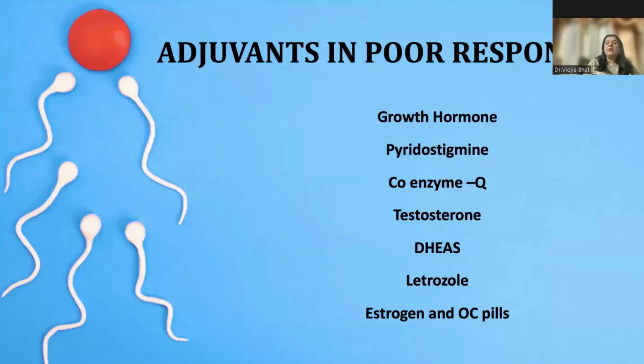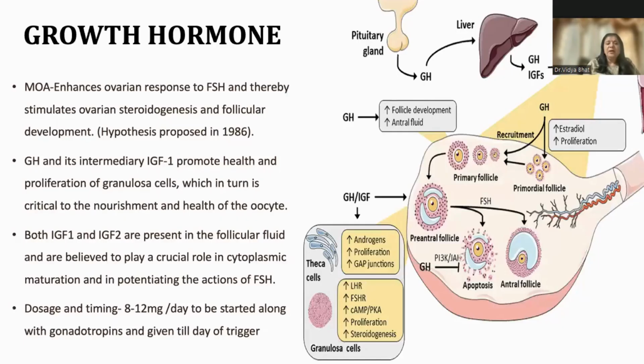Adjuvants in poor ovarian reserve, what can you give? For a woman with decreased ovarian reserve, you can give growth hormone, pyridostigmine, coenzyme Q, testosterone, DHEAS, letrozole, and estrogen and OC pills. The growth hormone, of course, in our center also, we have a publication on this.